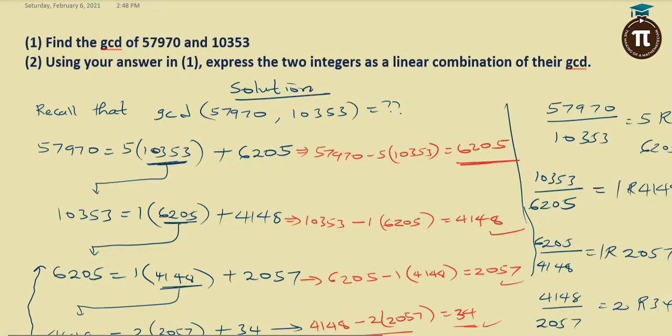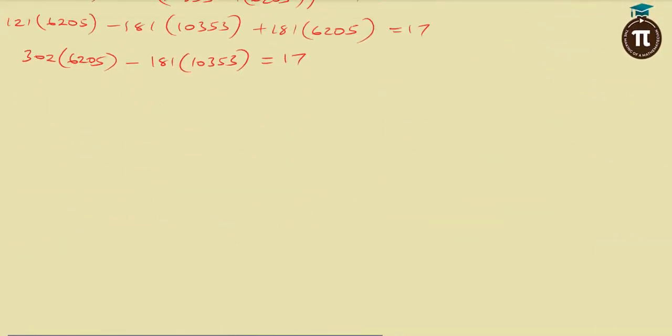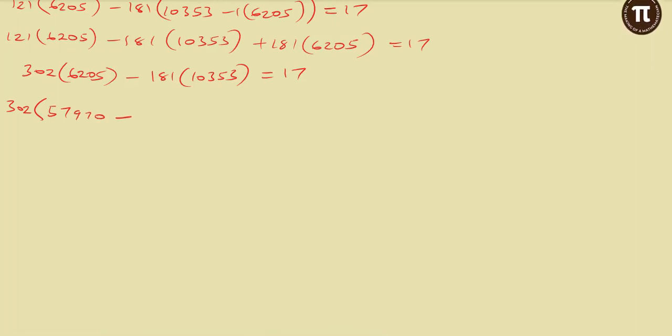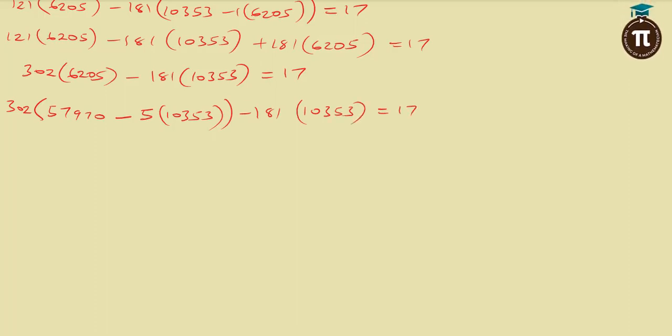So I will substitute this last remainder as well, and that will give me 302 times, where 6205 is 57970 minus 5 multiplied by 10353, minus 181 times 10353 is equal to 17.